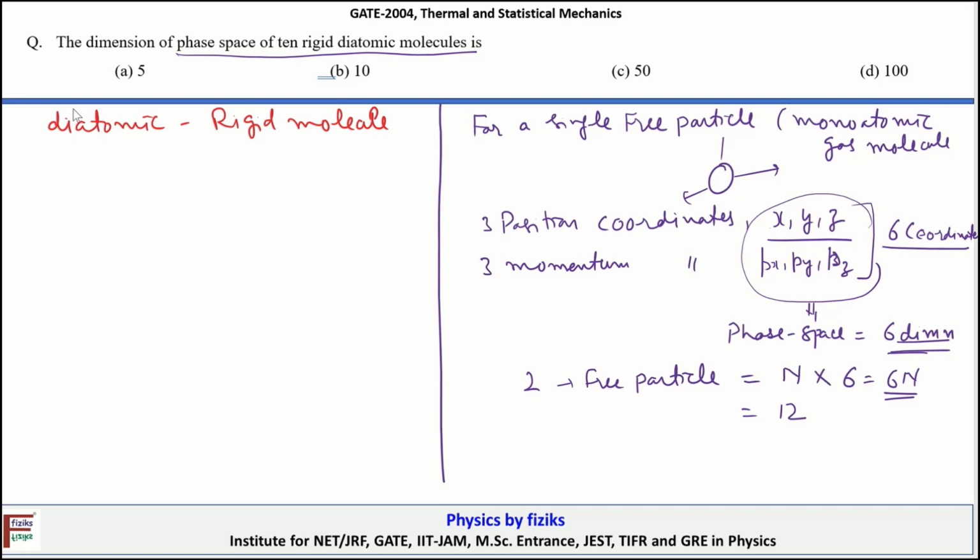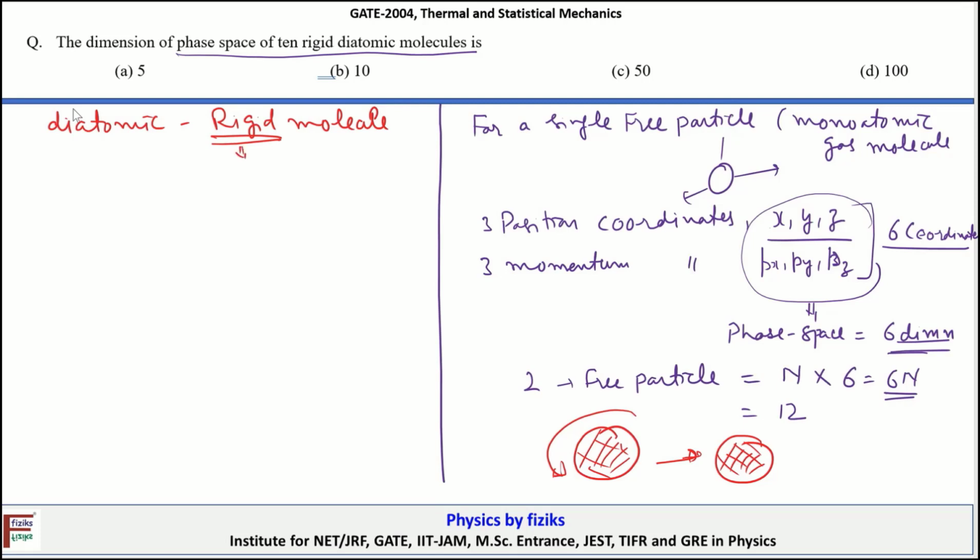If we just imagine a single free particle with spherical symmetry, and suppose it is rotating in a certain direction, then again we cannot distinguish between the initial and final situation for a single monatomic gas molecule. But when we have a diatomic molecule that is rigid, it carries important information.